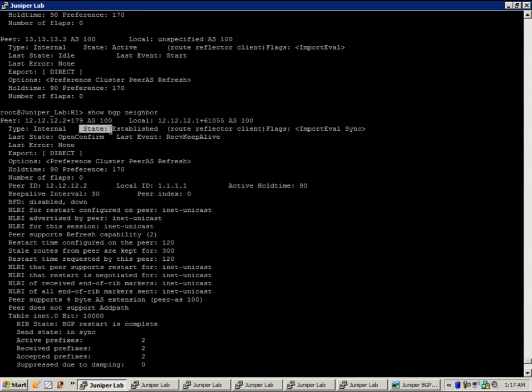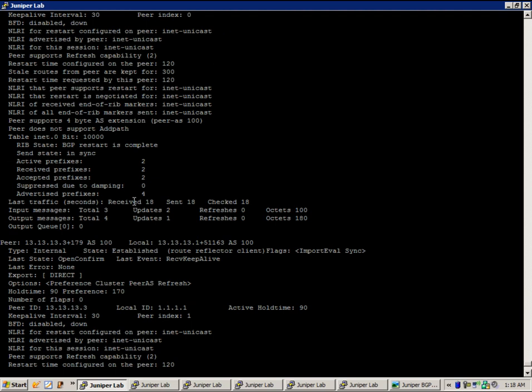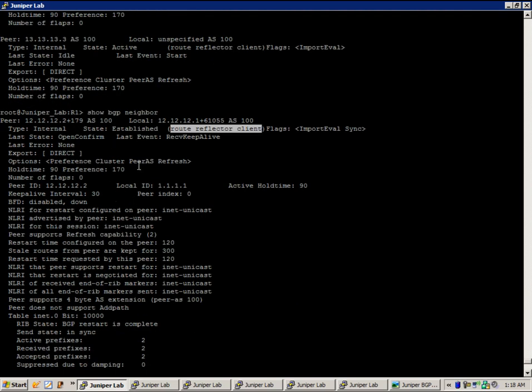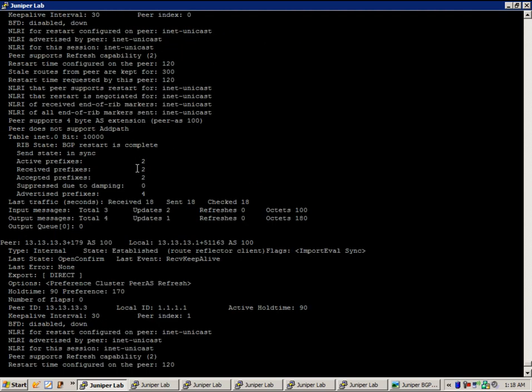One of the most important things that we're going to see is that the state is established, and in parentheses we see Route Reflector client, where before when we did a show BGP neighbor we did not see that information.